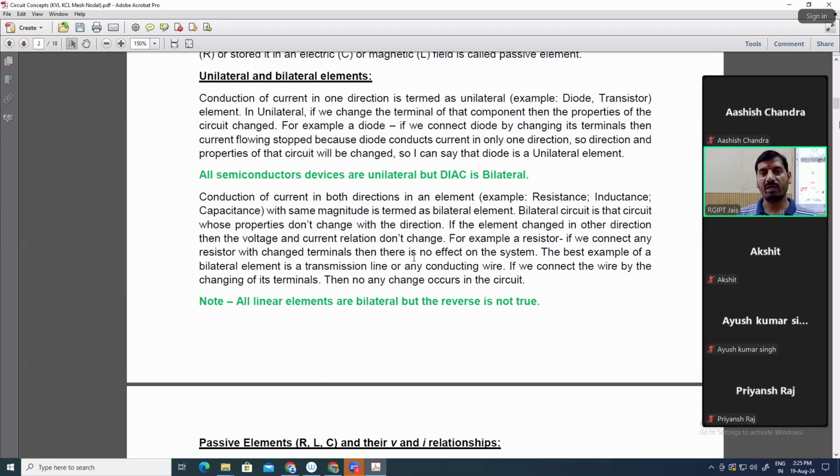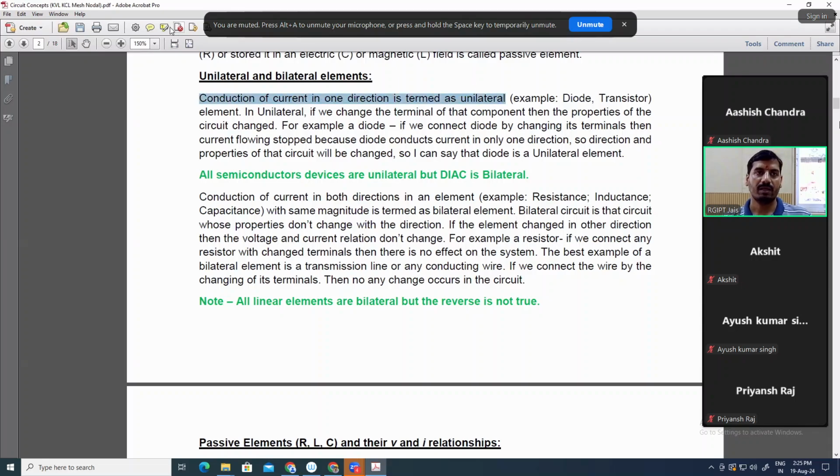Whereas a bilateral element means current flow is possible in both directions, and if we consider both directions, the property of the element will not change. Those elements are called bilateral elements. The conduction of current in one direction is termed unilateral. For example, diode and transistor. Only when they conduct will the current flow.